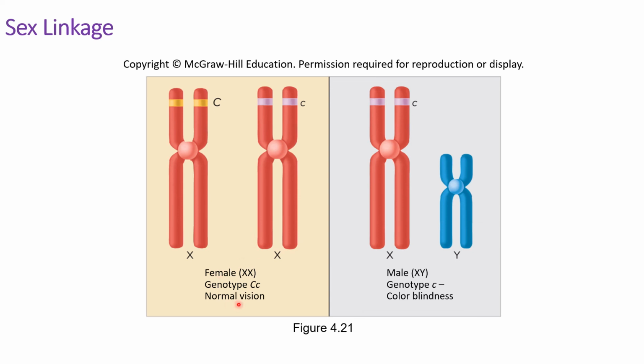All right, so this is what normal vision looks like here, okay? But look at, here's a male, and the Y that they get is not expressing the normal vision trait. So they may end up with color blindness if they get this from the mother.